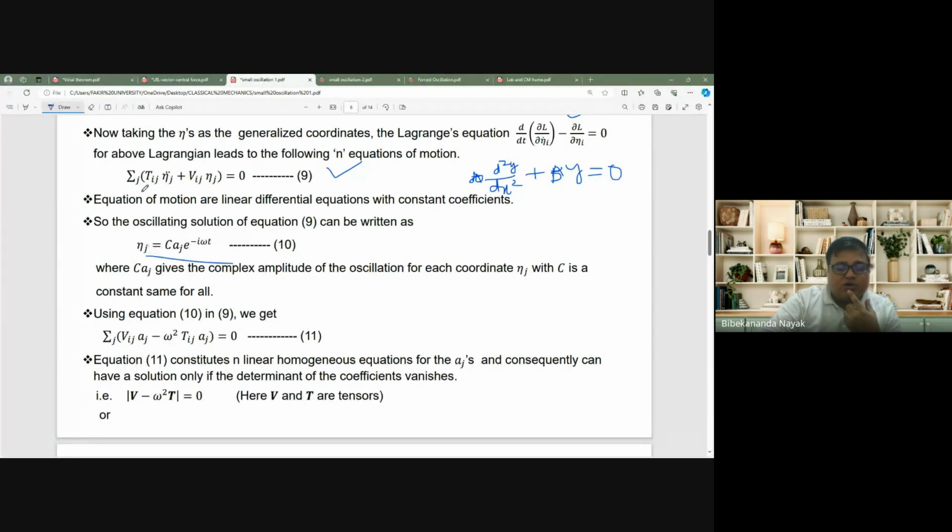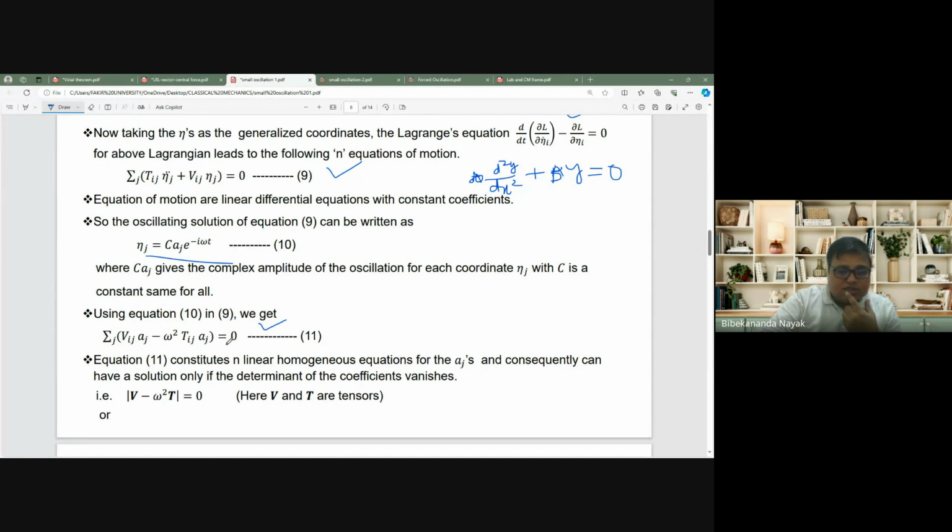By using this here, you can get the exact equation. So C A_j e to the minus i omega t, where omega is the angular frequency, you know from this expression. Now in terms of this angular frequency, putting this here, we found V_ij minus omega square T_ij times A_j is equal to 0.